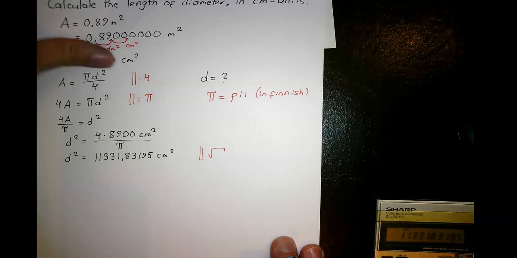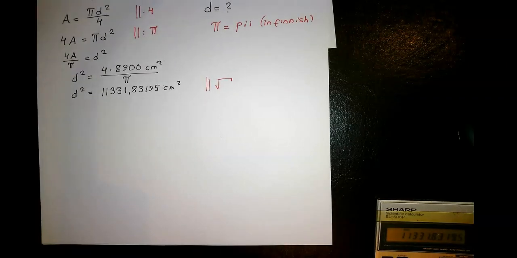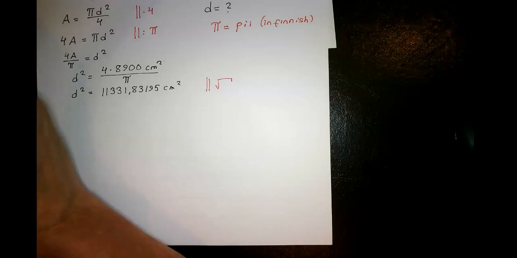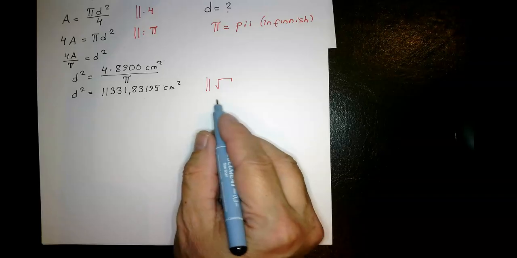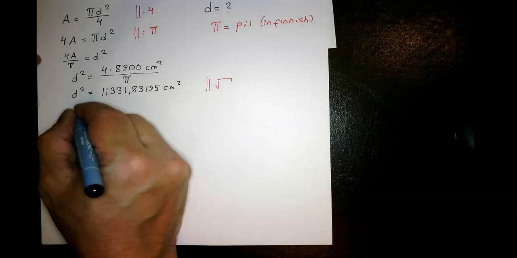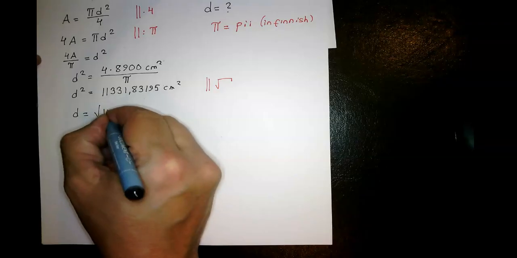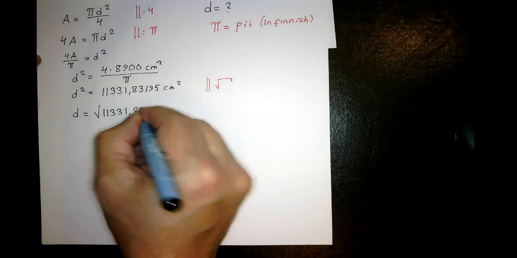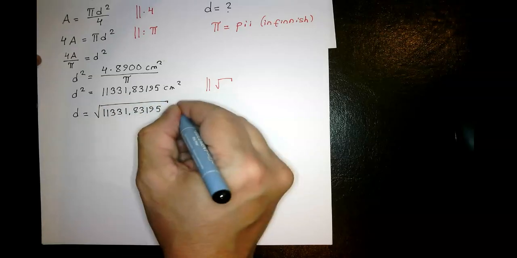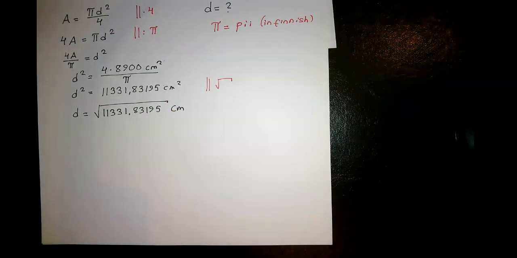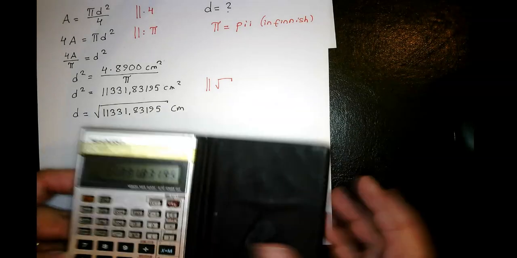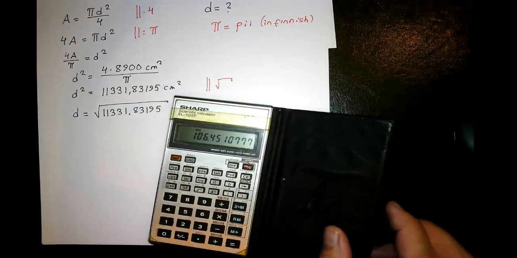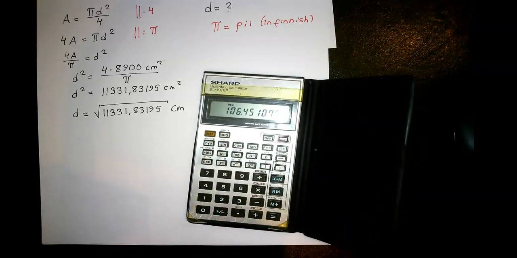So if we are calculating something where the unknown is in the second power, many times we need to use the square root later. So d equals square root of this number. And now we get it with the unit centimeter. And in this calculator I have this square root there, so there will be my answer. And this is centimeters now.